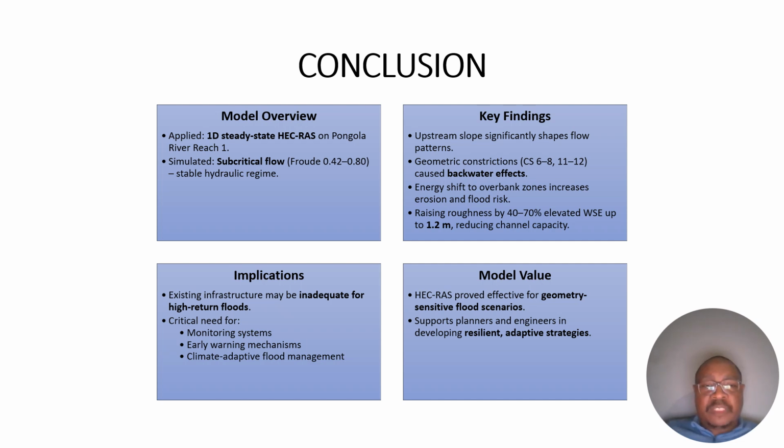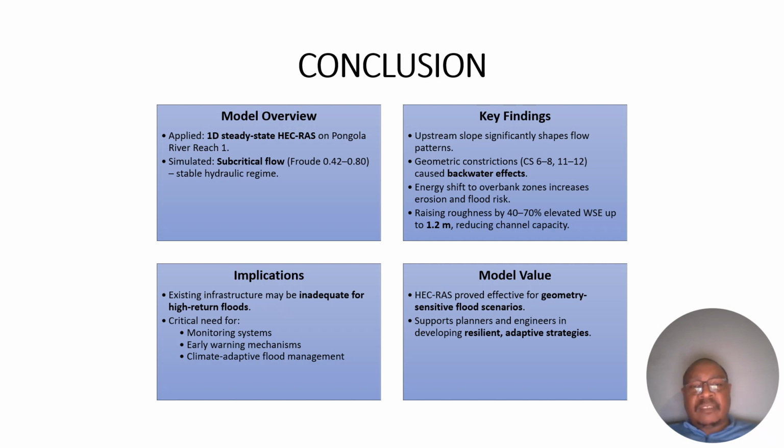In terms of the conclusion, if you look at the conclusions, there are four main conclusions in terms of this project. Number one, the model overview: applied one-dimensional steady-state HEC-RAS on the river. It simulated subcritical flows.